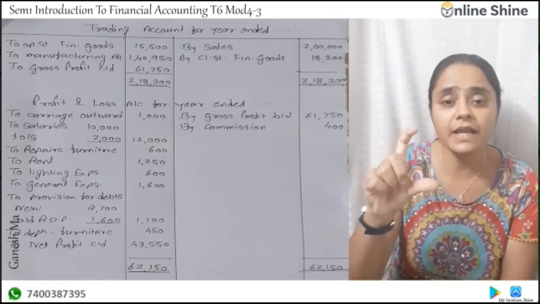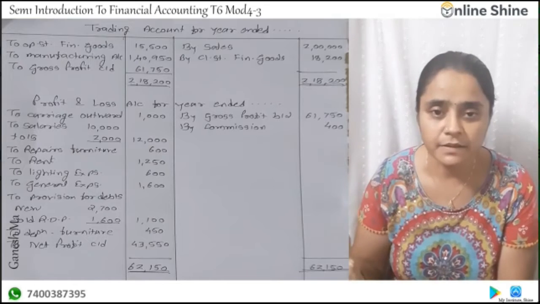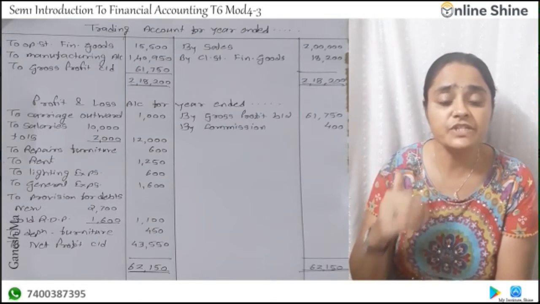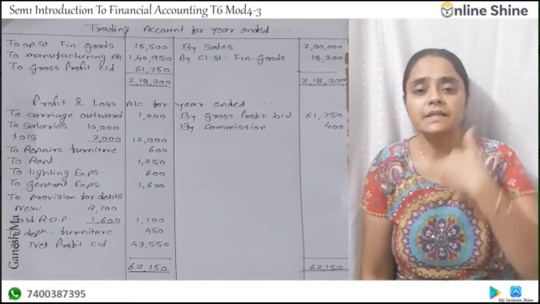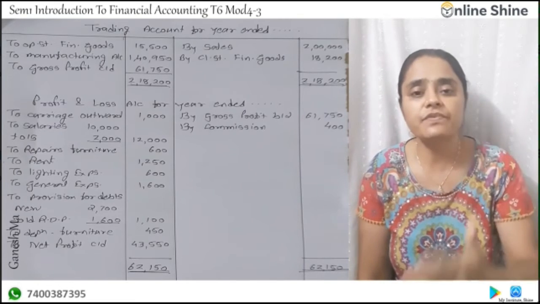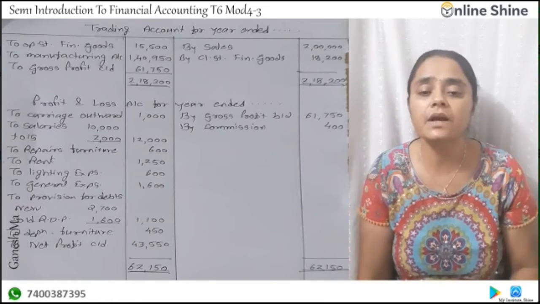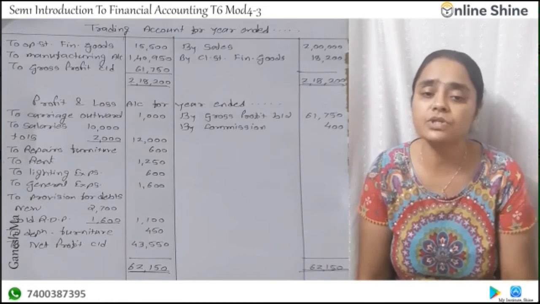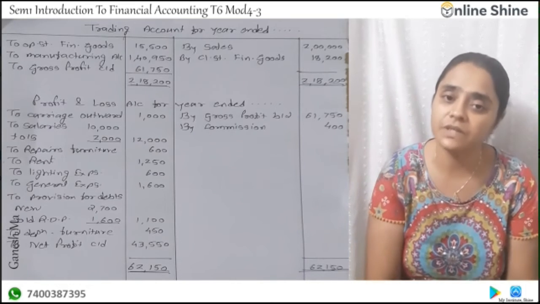So from your trading account, you come to know the gross profit earned by a businessman. Now the next step is this gross profit will be transferred from your trading account to your P&L account. You can see in your P&L account on the credit side, by gross profit, which has come from the trading account transfer entry, that is 61,750.